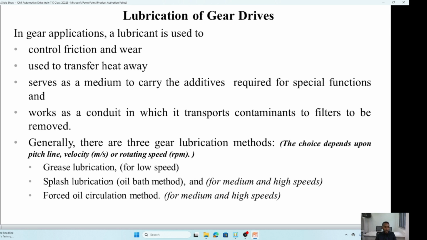Splash lubrication or the oil bath method is applicable for medium up to high speed, mostly medium. And the third, forced oil circulation method, is applicable for medium to high speed, pressurized.